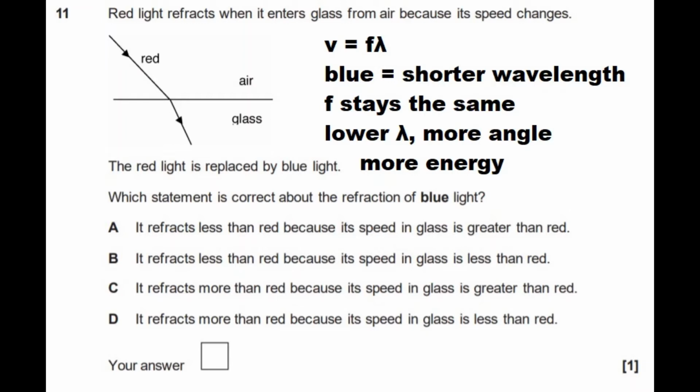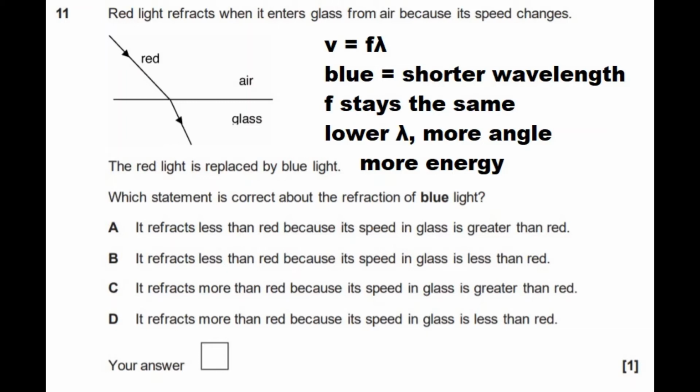All right, so if the blue wavelength is shorter and you're substituting into the equation v equals f lambda, if lambda goes down, v goes down. So therefore you can eliminate A and C because it must be less. And because it has more energy, it will refract more.